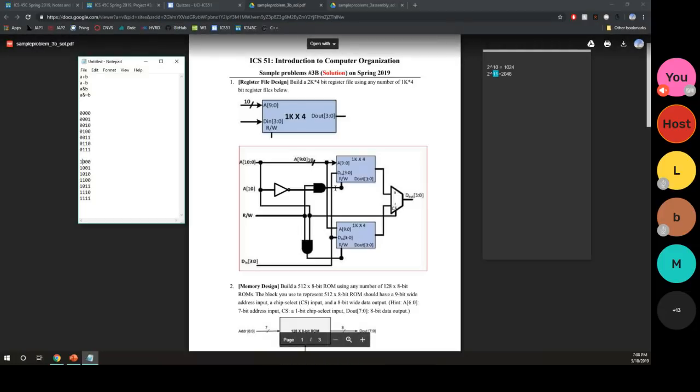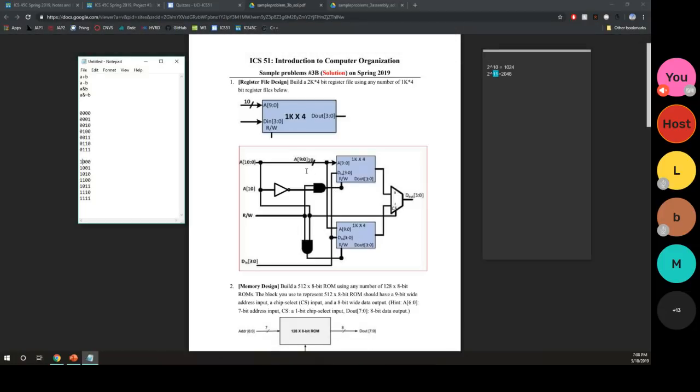Okay, cool. So from there, the 10 bits go into the register file. This 1K register file only has 10 bits going into it.